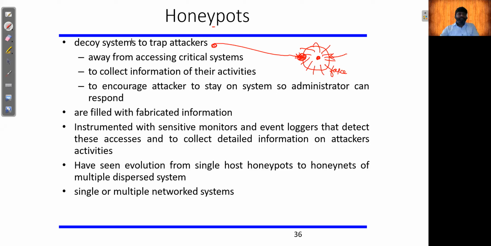This honeypot, which we keep away from the critical systems, is not the actual software or actual resources or actual server, but a fabricated resource which we project as the actual system. This helps to collect information on the attacker's activities. While the attacker tries to attack this machine, the administrative people collect what type of activities are carried out by the attackers.